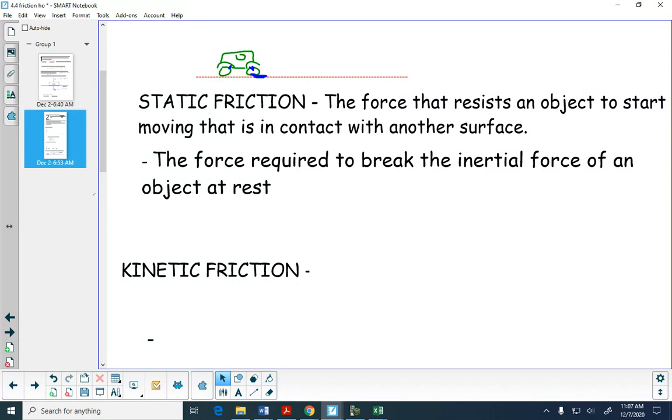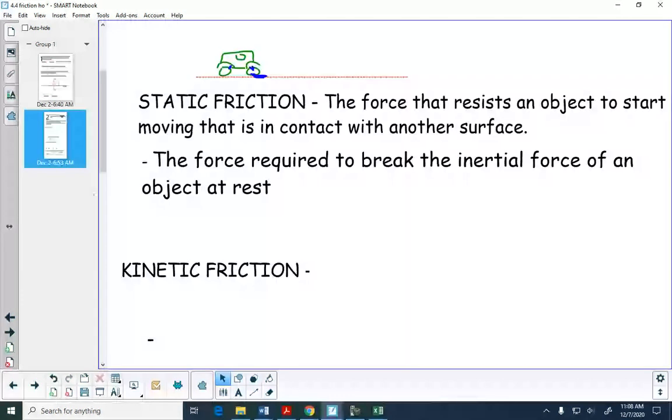It's the force required to break the inertial force of an object at rest. Now remember your idea of inertia. Newton's first law is the idea of inertia. An object will remain in the same state of motion or rest unless acted upon by an unbalanced force.